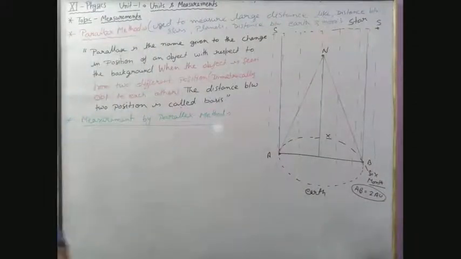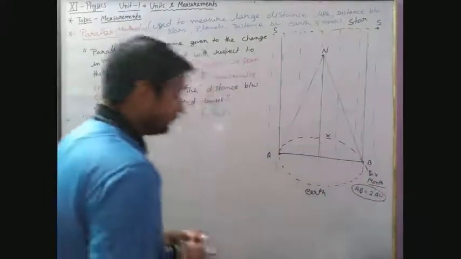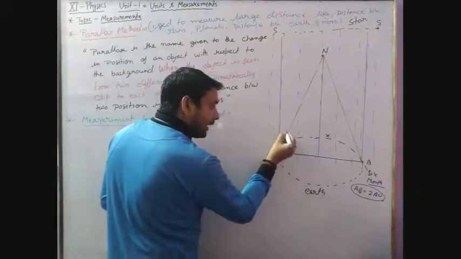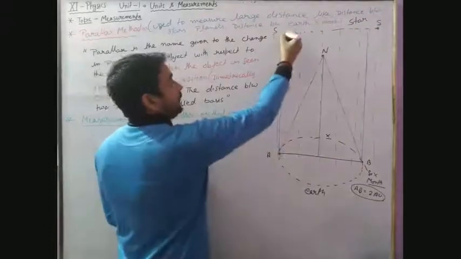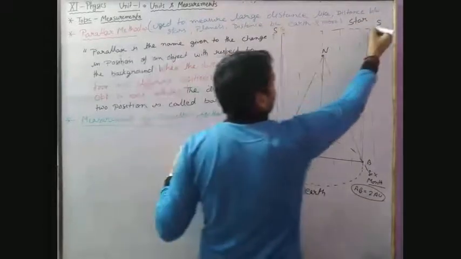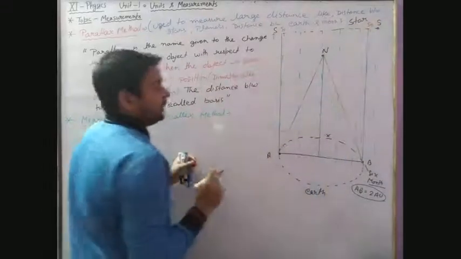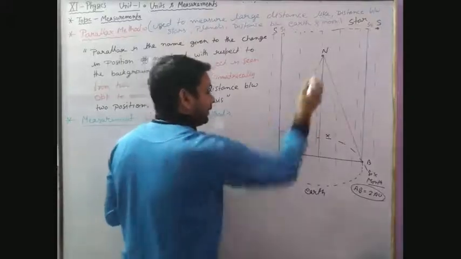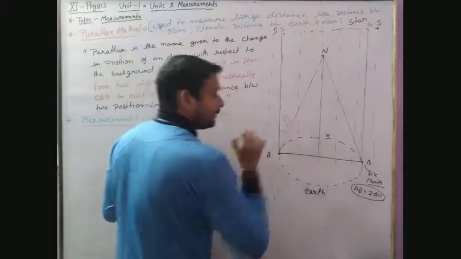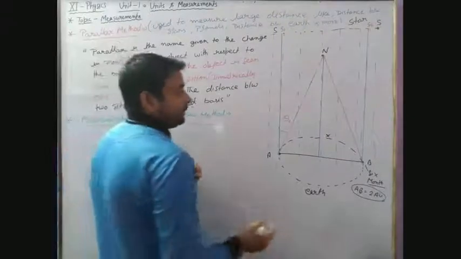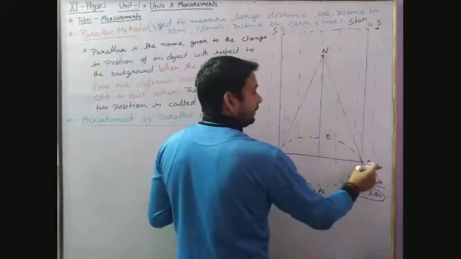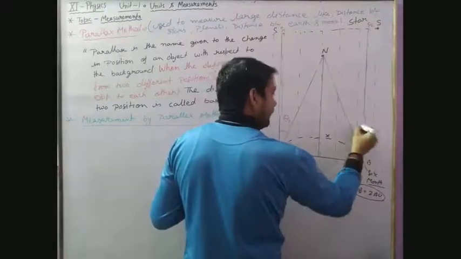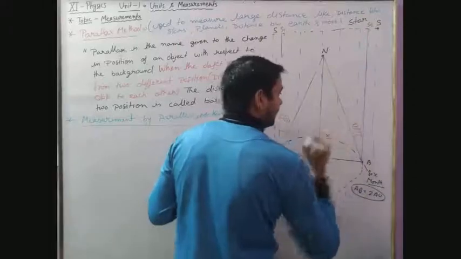Now just see here, we can easily measure the angle between, let's say this is S1 and this is S2. So we can measure the angle between AS1 and AN. Let's say this angle is equal to theta 1. Similarly, we can measure the angle between BS2 and BN, and it is measured as theta 2.